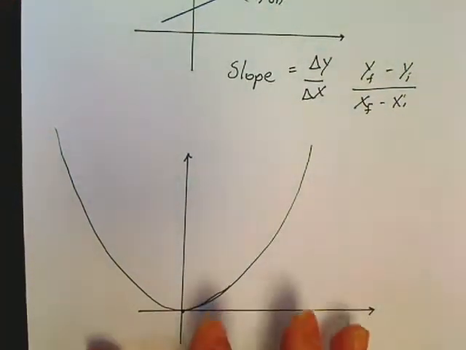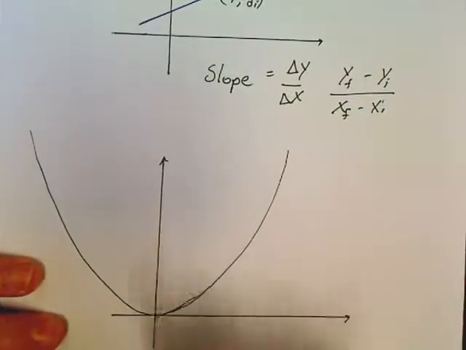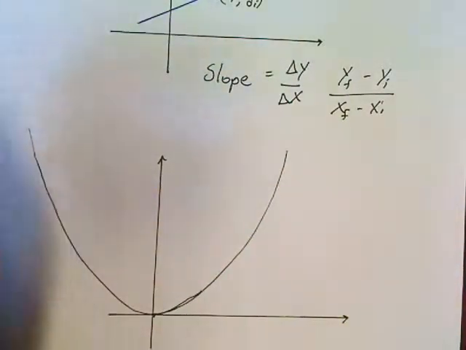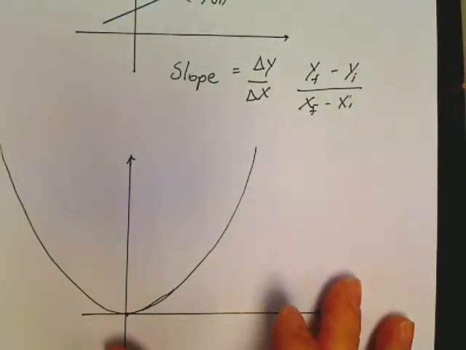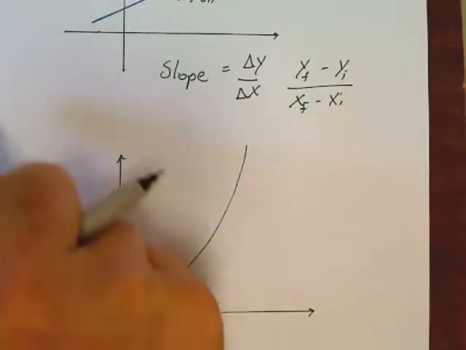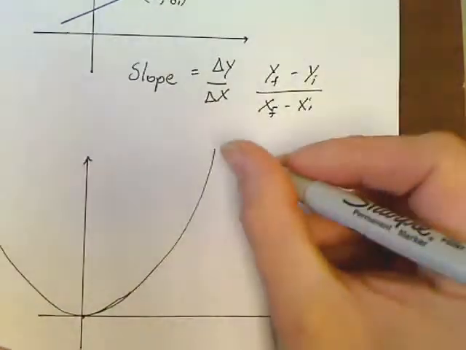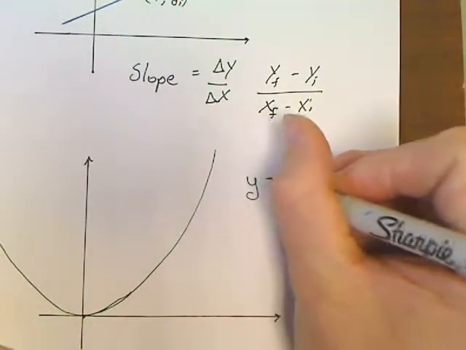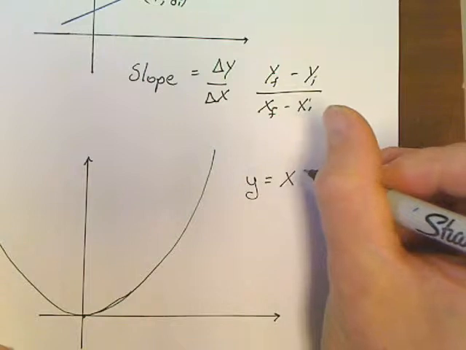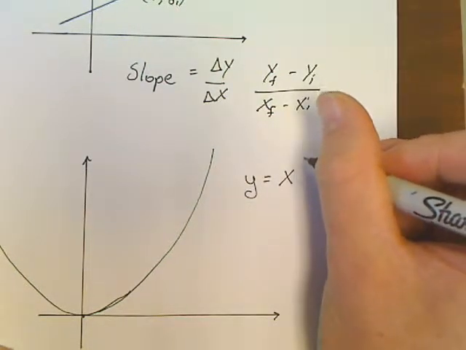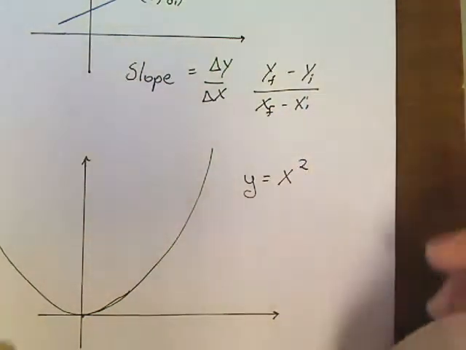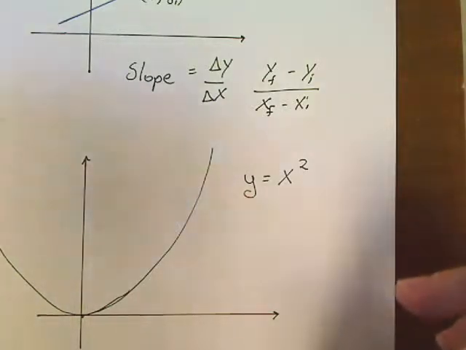It's not a terrible looking little parabola here. If we take a look at this line, you already know the equation of this parabola: y equals x squared.